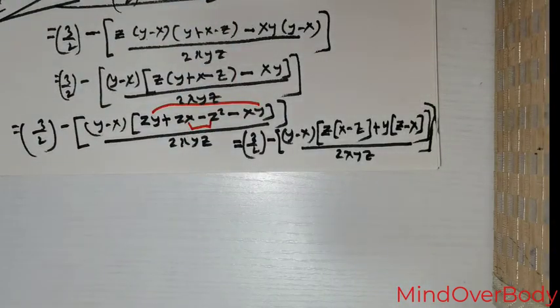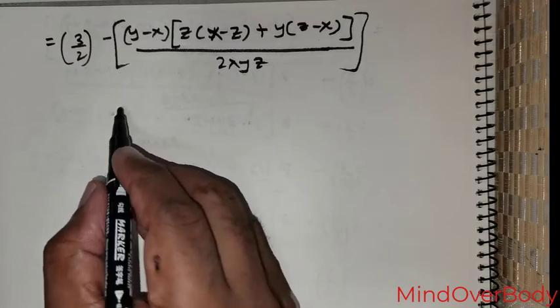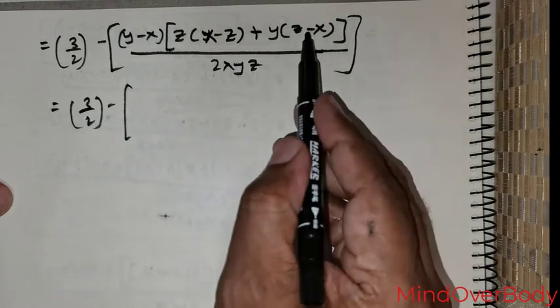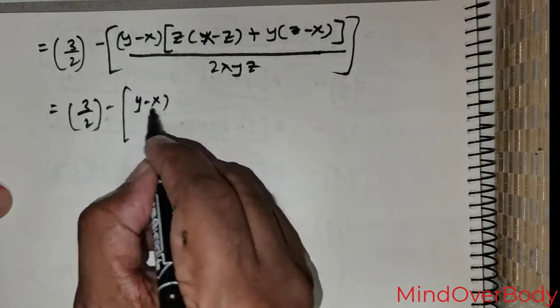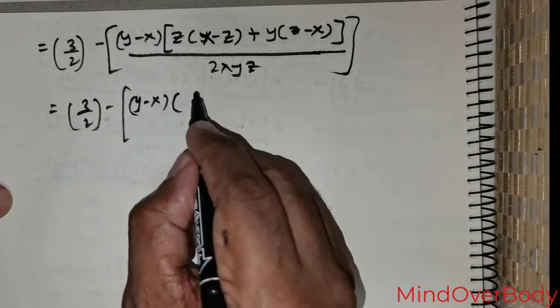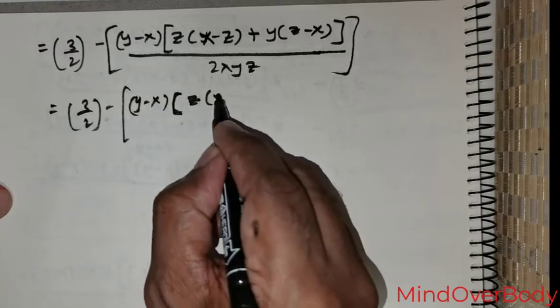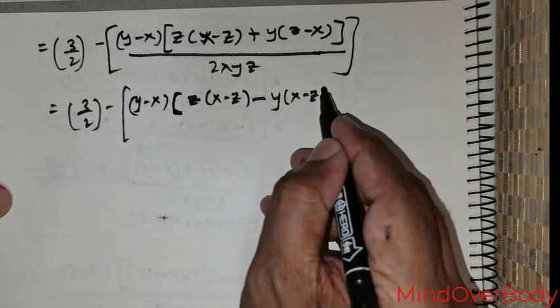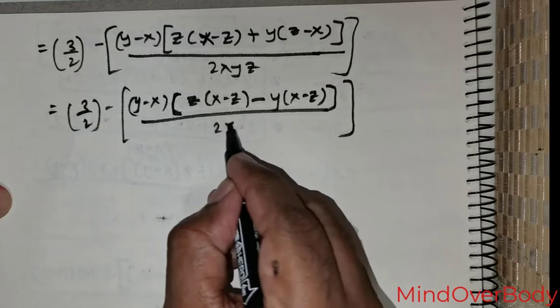Okay, I will have to flip to the next page. So this is what we've got. Now what I wish to do is I would like to flip this and write it as x negative z. So let's do that. So this is going to be y negative x times z times of x negative z negative y times x negative z divided by 2 times xyz.